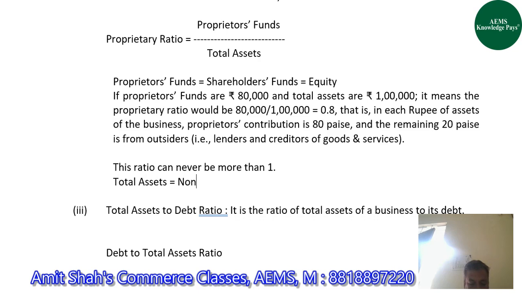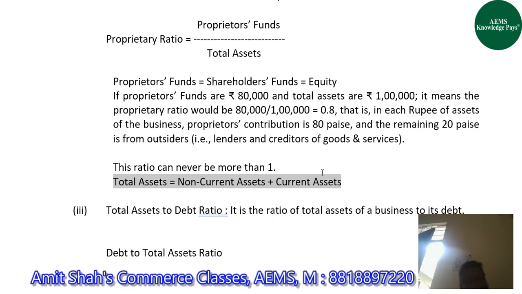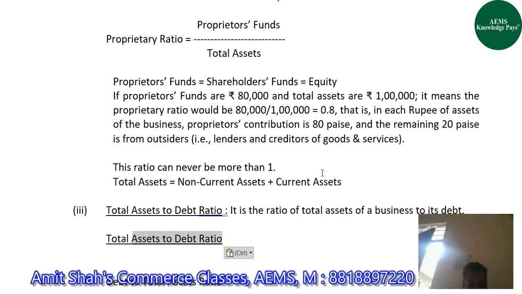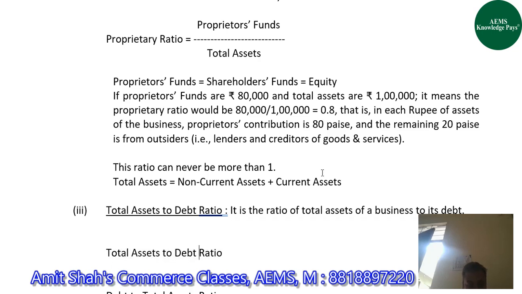Total assets are non-current assets plus current assets. Because this is how we present total assets in balance sheet of a company. Non-current assets and current assets, right? So the ratio total assets to debt is total assets upon debt.